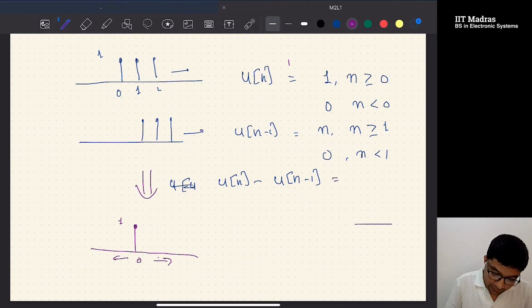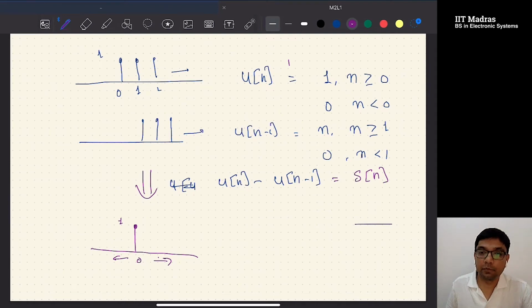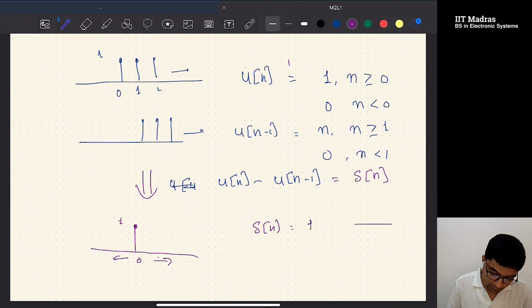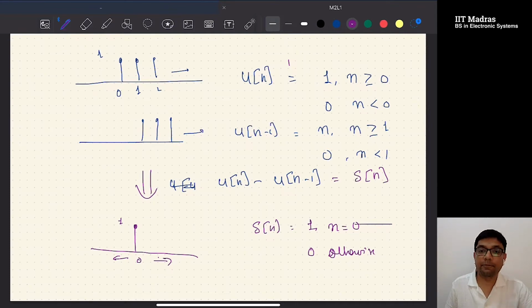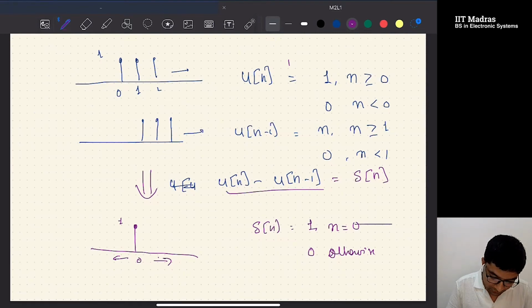This I will define as the unit impulse in the discrete time domain, which has a definition that delta of n is 1 when n equal to 0 and 0 otherwise. Okay, and this u of n minus u of n minus 1 is called the first difference.